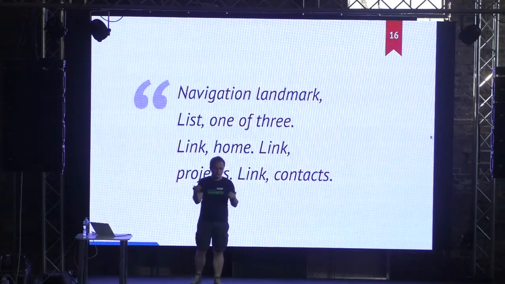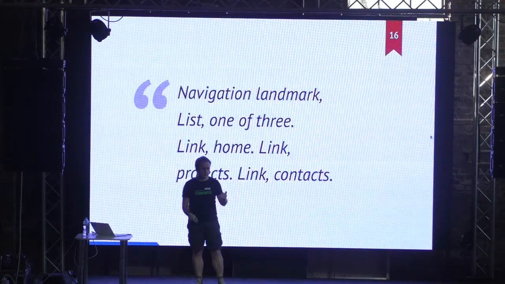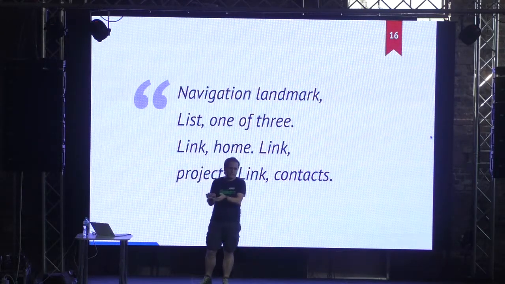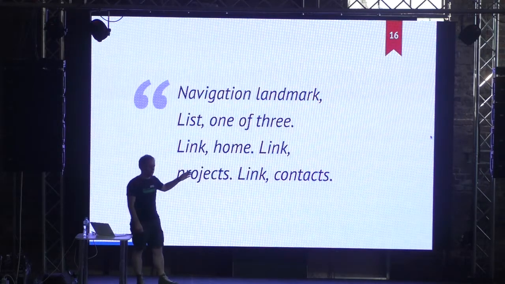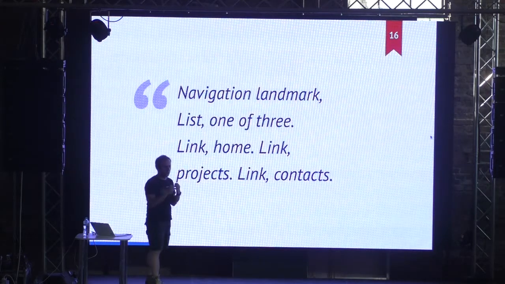Because when you see it on a screen with CSS applied, it's easy. You see 5 links, 3 links, you understand it's a menu, it's a tag cloud. But when you listen to it, it's crucial for you to have some idea in your mind what's going on.